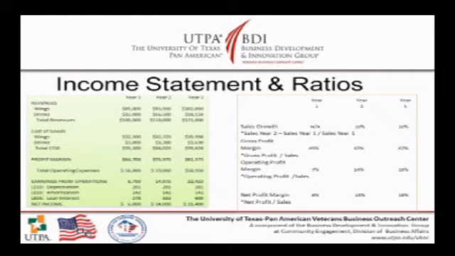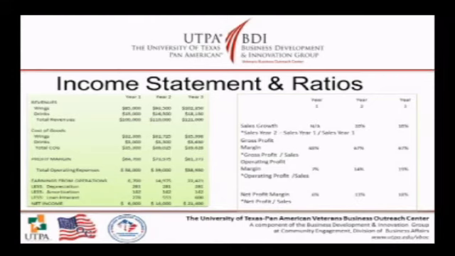So basically, your company grew 10% in sales from year 1 to year 2. Your gross profit margin is your gross profit, which is 64,700, divided by your sales, which is 100,000, equals 65%. So basically, you're making 65% of whatever you sell.